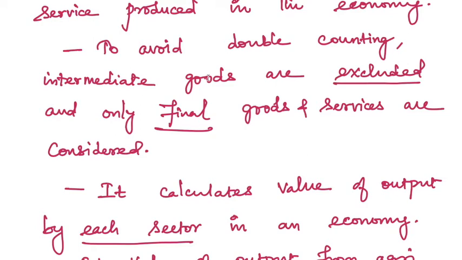So instead of calculating the value of wheat and the value of flour, you can just take the final value of bread, which includes the value of all these things. To avoid double counting, we exclude any intermediate goods, and we only consider the final goods and services.